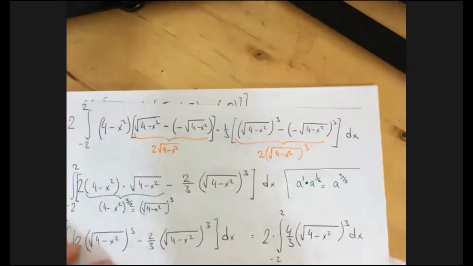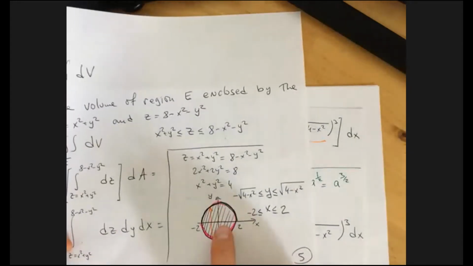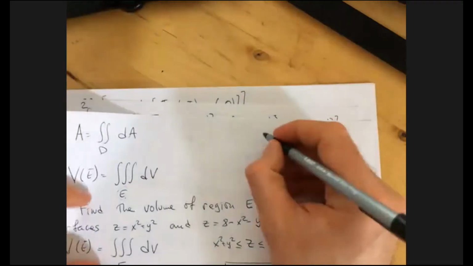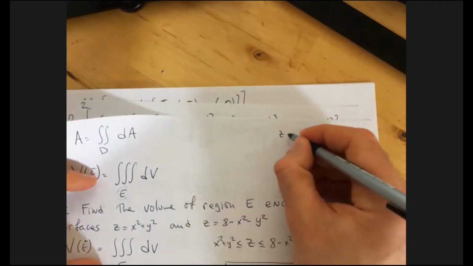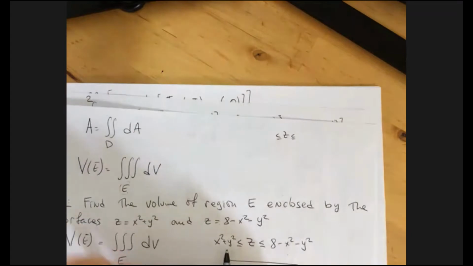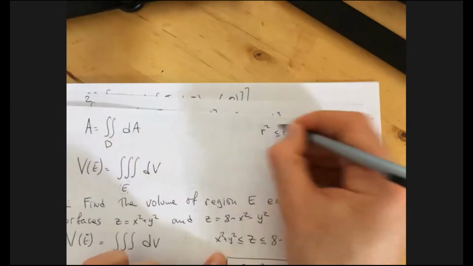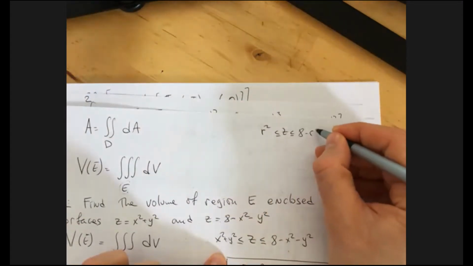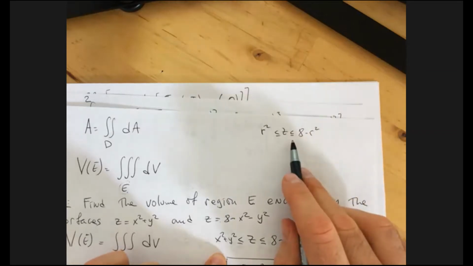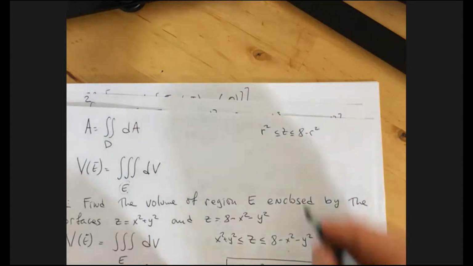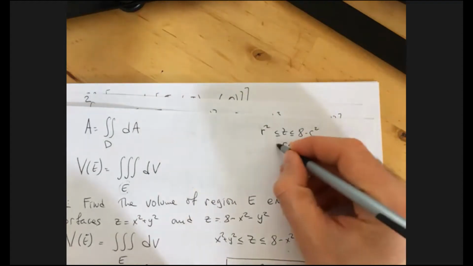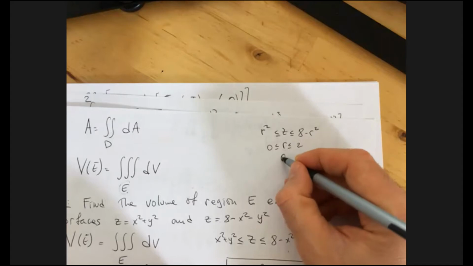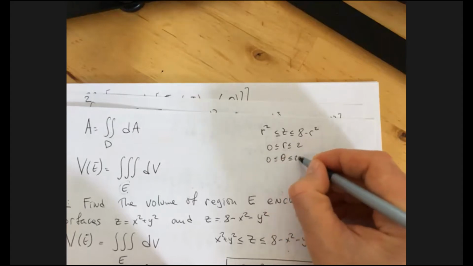So yes, cylindrical coordinates come to mind, where z is going to stay between r squared and 8 minus r squared. But then r is going to go from 0 to 2 and theta is going to go from 0 to 2 pi.